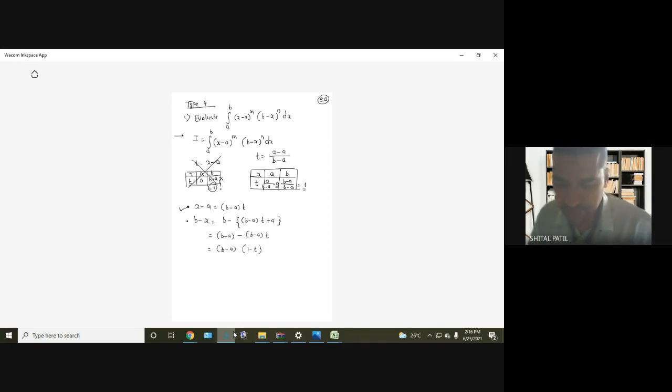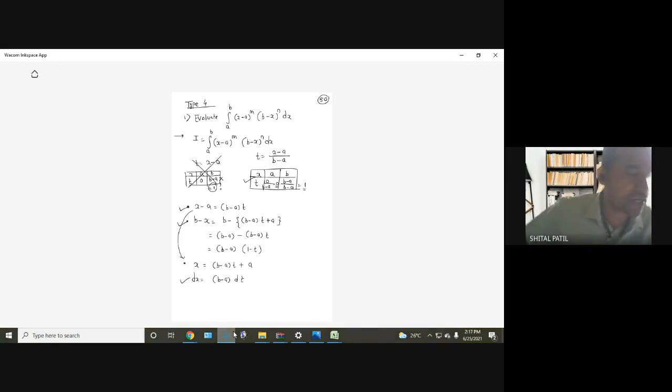Yes, we are getting 1 minus t. So x minus a is known to us, b minus x is known to us, limits are known to us. Okay, dx is remaining now. I'm writing x from here. So what is dx? So all the required 4 values are known to us: x minus a, b minus x, dx, as well as limits. Okay, so we'll use them and we'll try to simplify the integral.